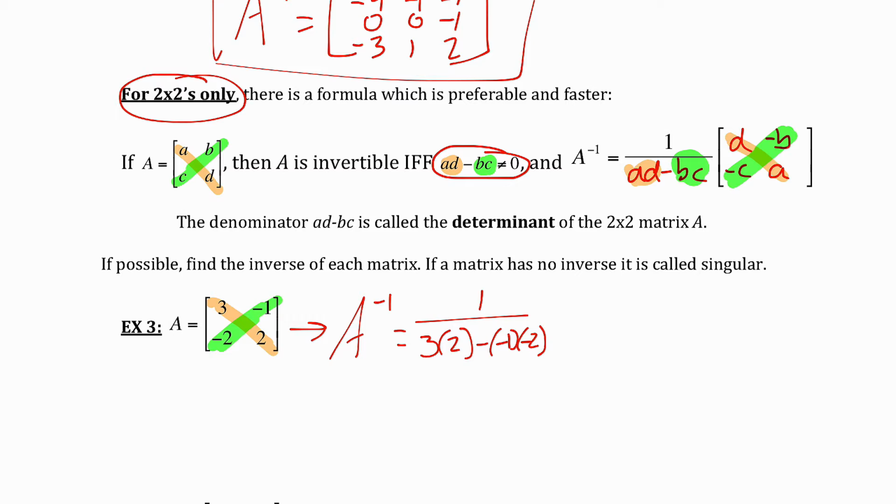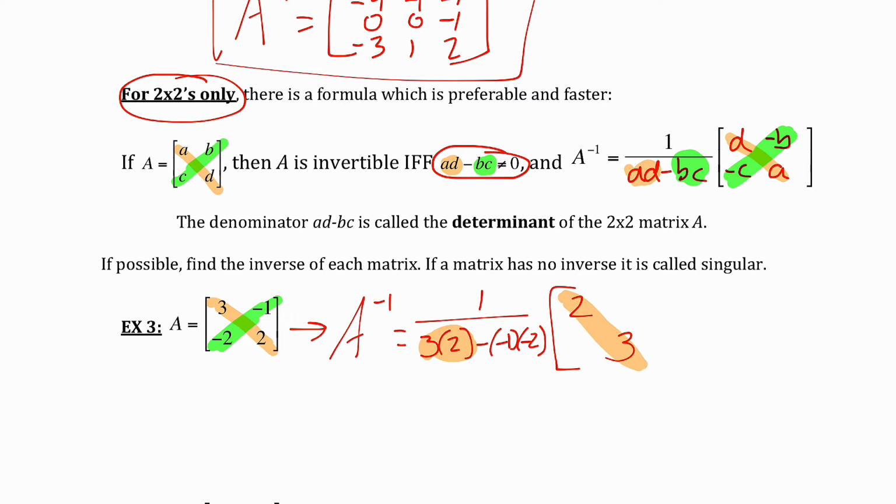Then we're going to multiply that whole fraction by the matrix, and we're going to swap the locations of A and D. So it used to be 3 in the A position and 2 in the D position. We're going to flip those locations. So again, those come from this diagonal, A and D, we're swapping their locations. We use those same numbers here. Now B and C, we don't change their locations, we just change their signs.